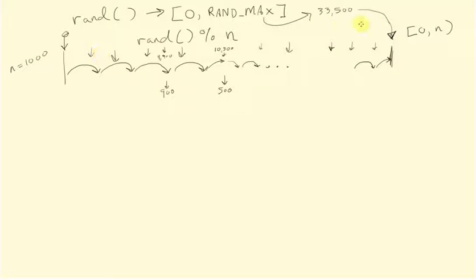But if you do rand modulus like 20,000, you're going to have 0 to 19,999. Those values will all happen once.